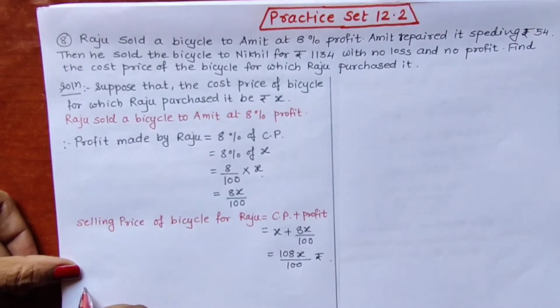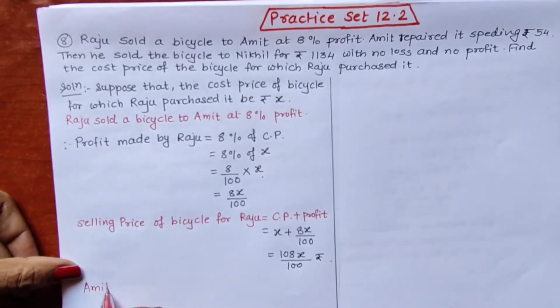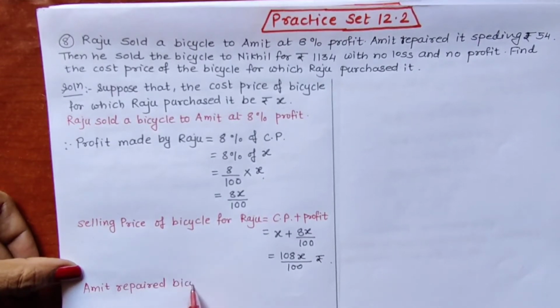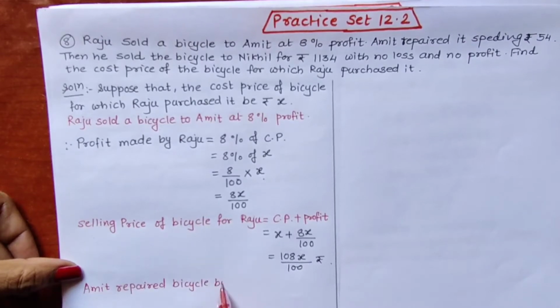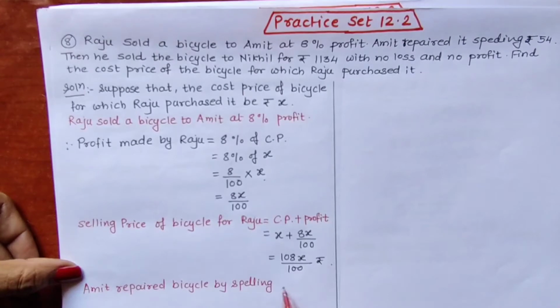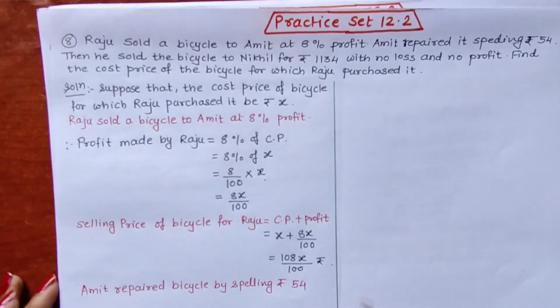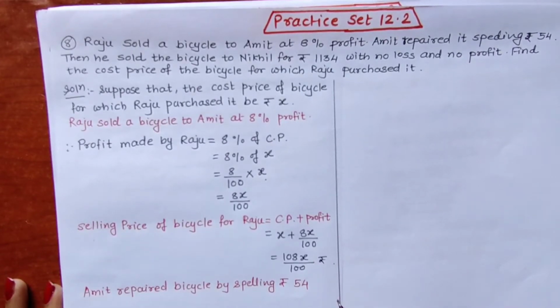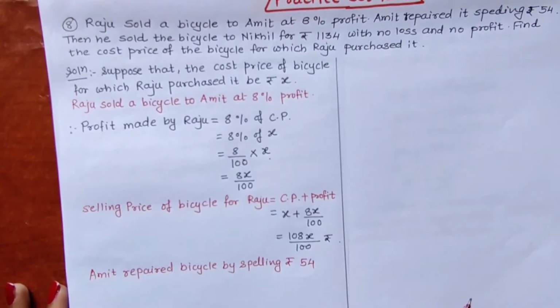So Amit repaired the bicycle by spending rupees 54.